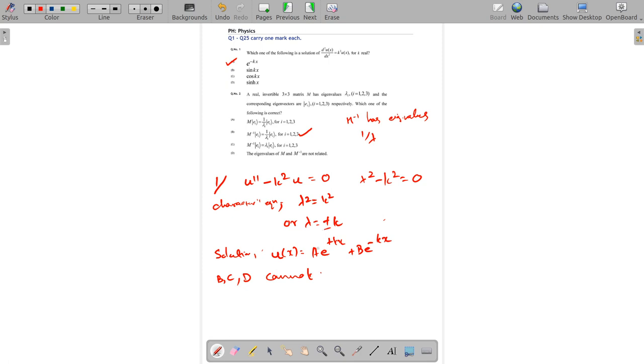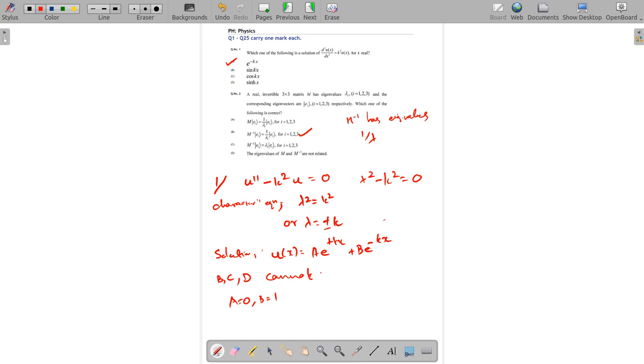So the general solution is a e raised to plus kx and b e raised to minus kx. So if you look at the options, the first option is actually fine, because a and b can be any numbers, arbitrary constants. A equal to 0 and b equal to 1 means option A is satisfied.